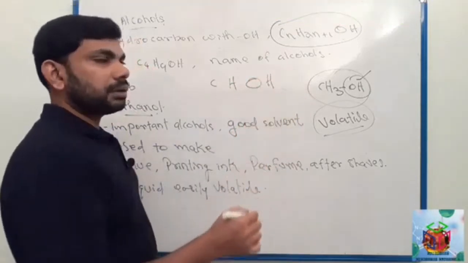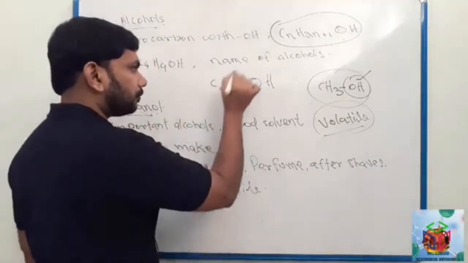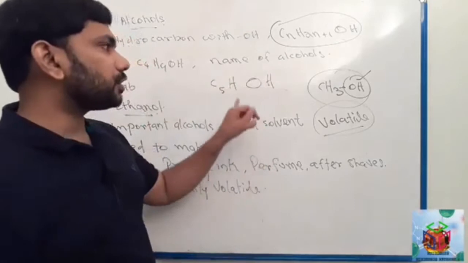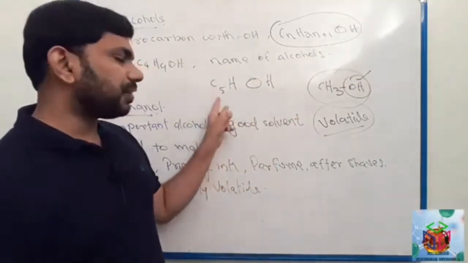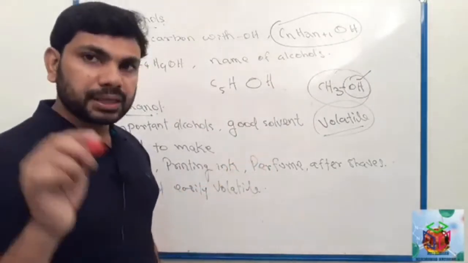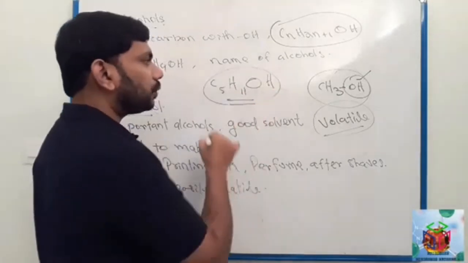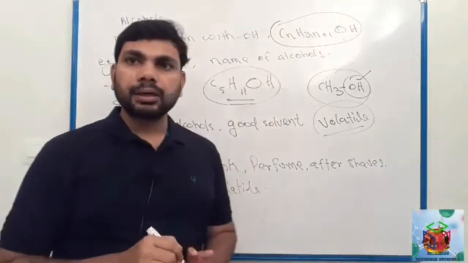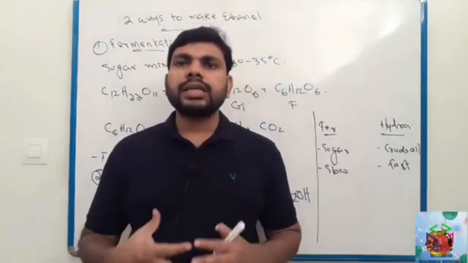The question says alcohol with 5 carbon, so number of carbon is 5. What about the number of hydrogen? Number of hydrogen is 2n+1, 2 times 5 plus 1. 2 times 5 is 10, plus 1, 11. So this is the alcohol with 5 carbon. Clear?